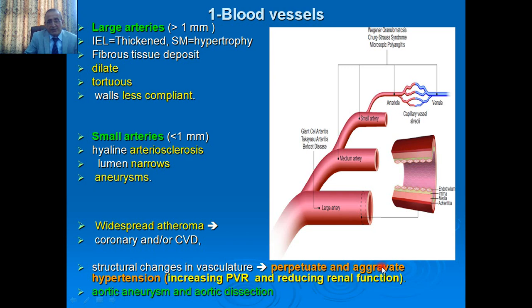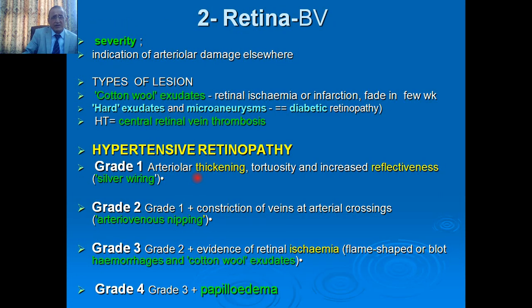Narrowing will perpetuate and aggravate hypertension, increasing the peripheral vascular resistance and reducing renal function. And sometimes the large arteries get aneurysm and aortic dissection. So the large arteries get dilated and stiff, and the small arteries get narrowed and even microaneurysm. This is the first target.